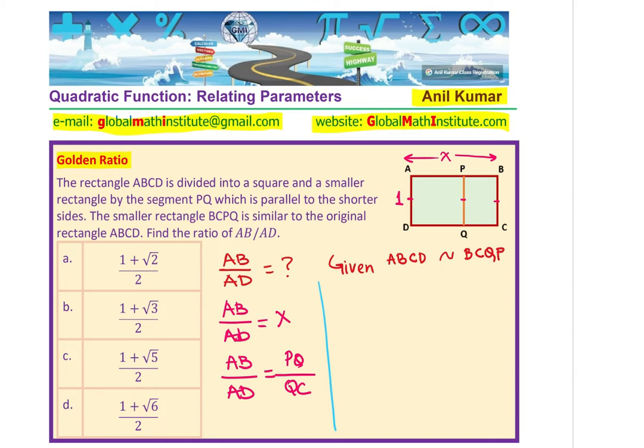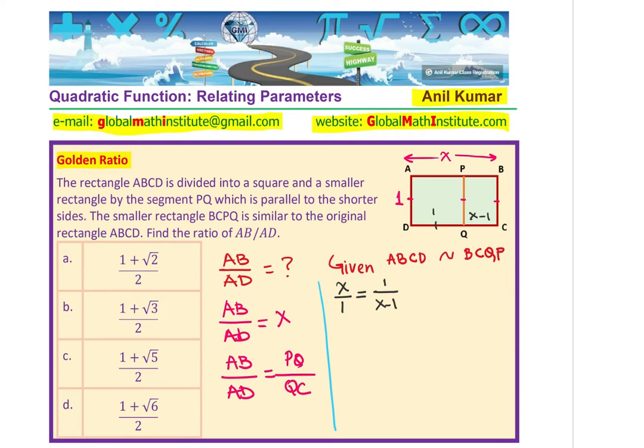Now substituting X for AB and 1 for AD, what is going to be QC? Well, since this is also 1, QC is going to be X minus 1, correct? So now we have our equation, which is X over 1 is equal to PQ, which is also 1, over QC, which is X minus 1.